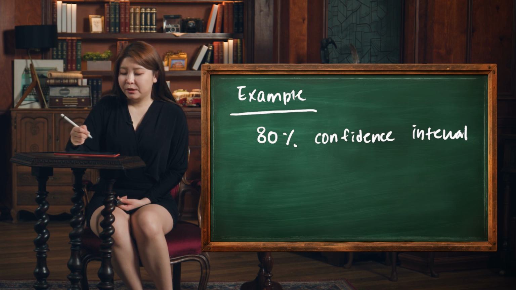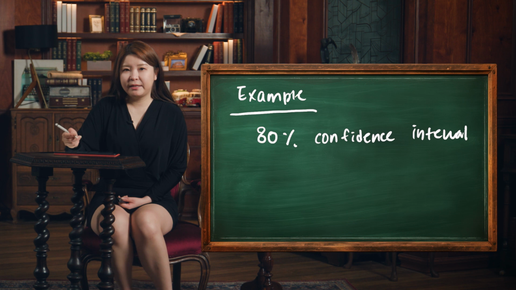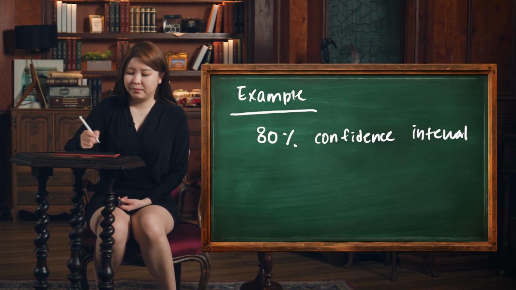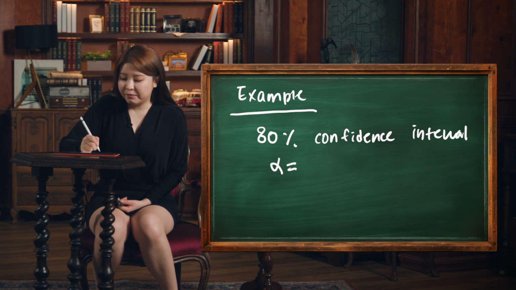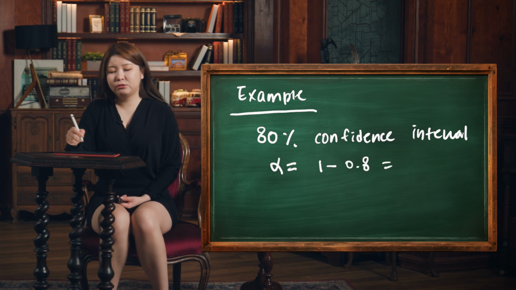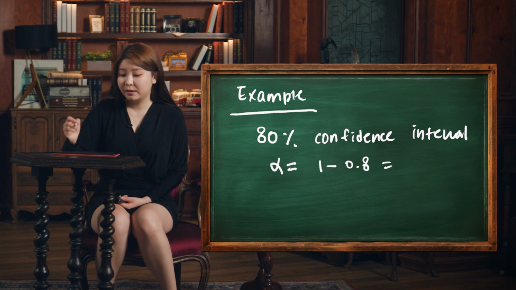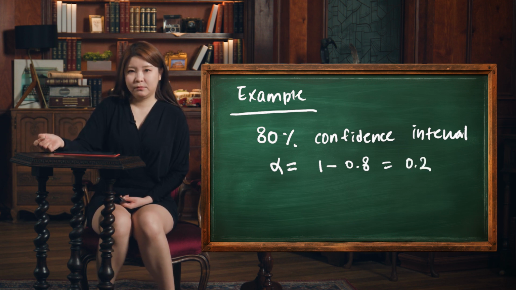In order to find such a confidence interval, we first want to define the significance level alpha. Remember that alpha is the opposite of the confidence level. In this case, alpha is 1 minus 0.8 because we want to construct an 80% confidence interval. So the significance level alpha is 0.2.